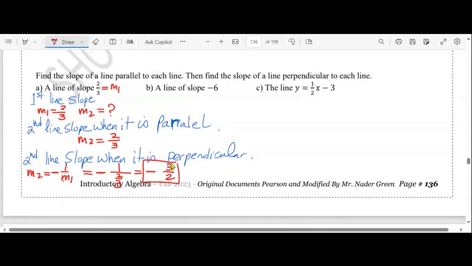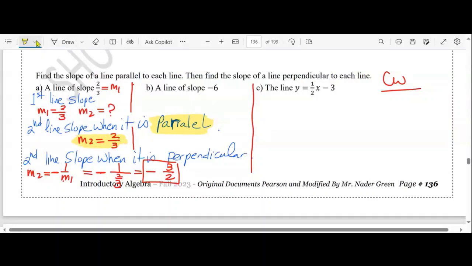Is this clear? Clear or not clear? Negative 3 over 2, right? Yes. Can you do this for classwork? Yalla, do it now. Quickly, 1 minute. Same way. When it's parallel, it is going to be equal, right? Same.